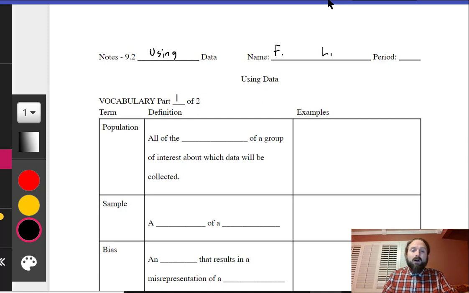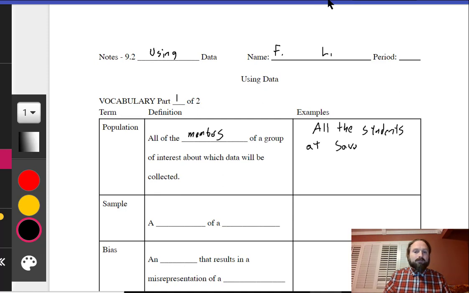So population is all the members of a group of interest about which data will be collected. So if we wanted to collect data about all the students at Savannah, that would work.